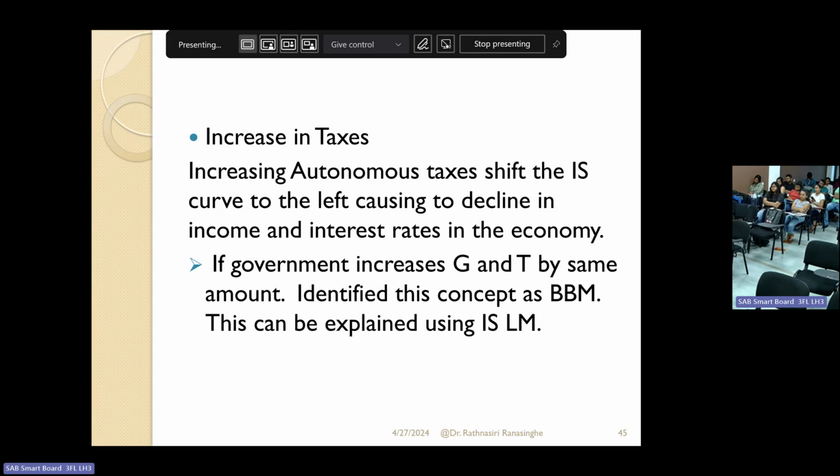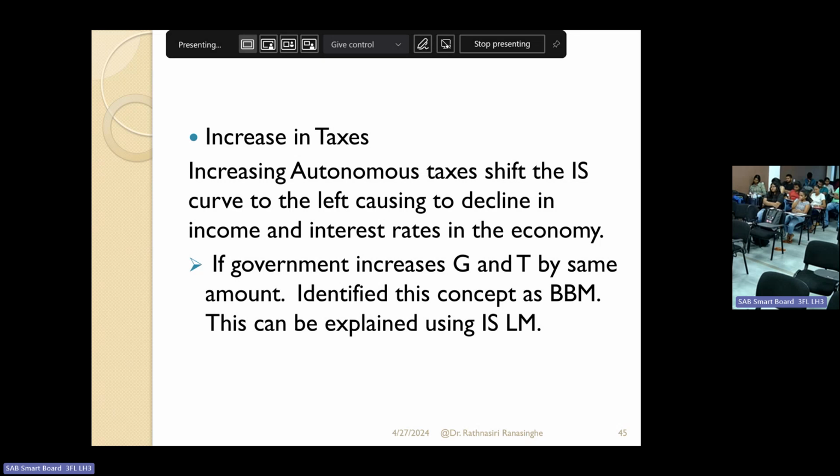Now we can explain graphically. What we do is raise the government expenditure and the taxes. Government expenditure increases by the G portion.